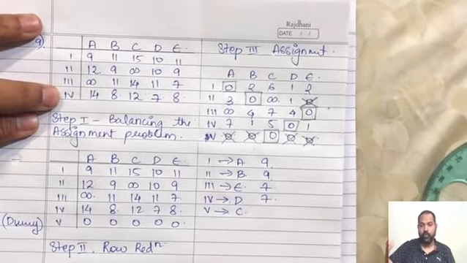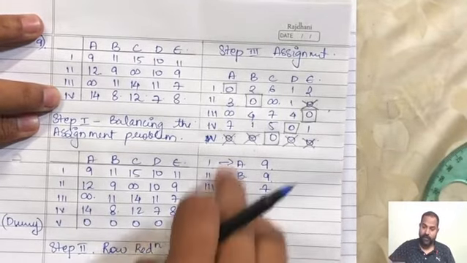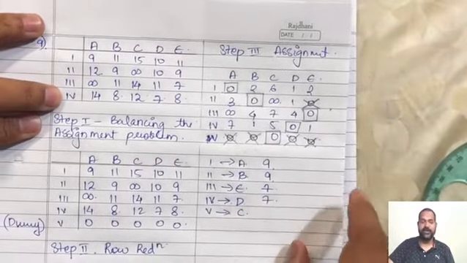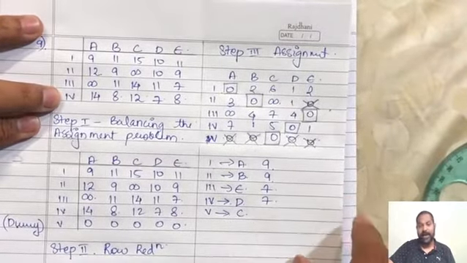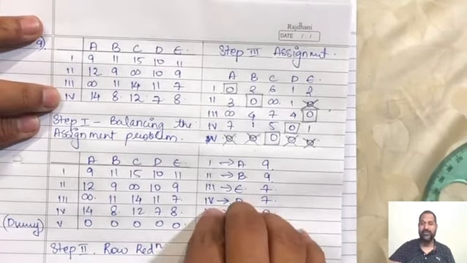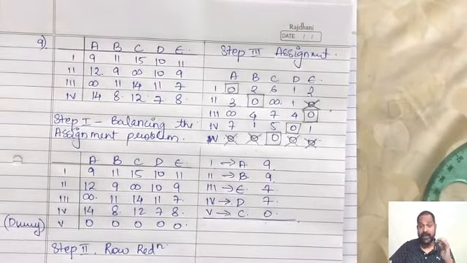It's a dummy row. So if 5 is going to C, it means that if these are men and these are machines, then there is nobody to work on machine C. Machine C will be unmanned. But then it's a dummy. We write a 0, and that is why we don't mention it most of the cases, because it's not something that they gave us, it's something that we introduced.